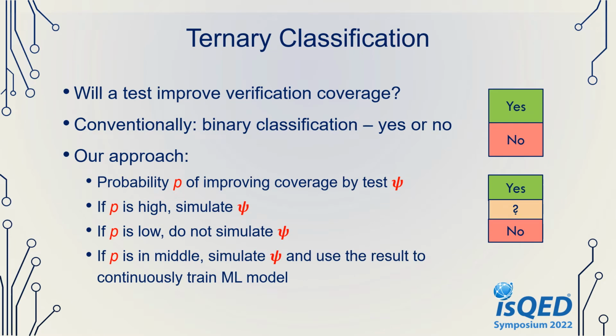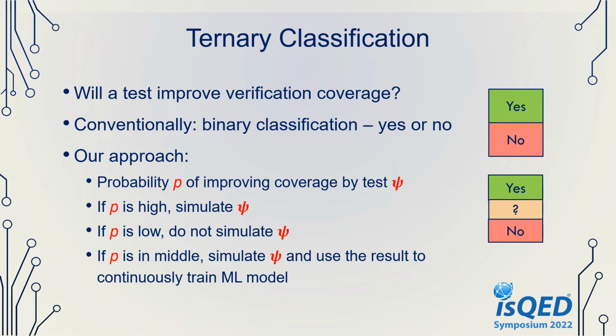Traditionally, the classification is mostly binary. We tell whether a stimulus will improve the coverage, yes or no. Now, we suggest a ternary classification. That is, besides yes and no, we have a middle category. That is to say, we look at the probability for improving the coverage by a test stimulus.